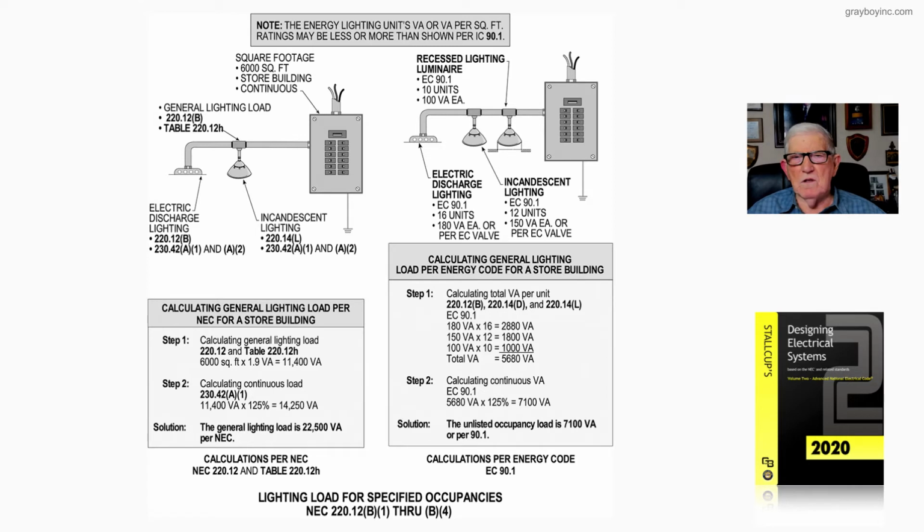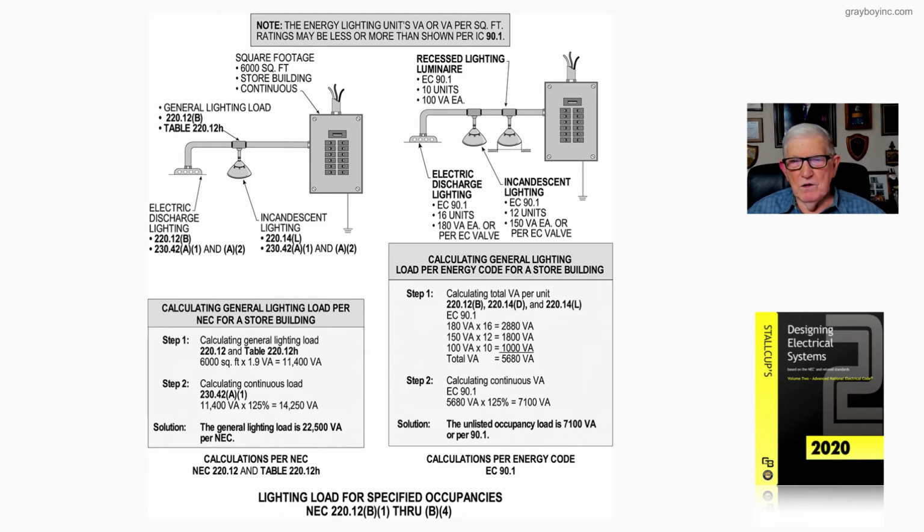Now, if you're using the energy code, then recessed lighting, use the energy code 90.1, 10 units, 100 VA each. Drop down in the energy code, 16 units, you'd have 180 VA each, and that would be your value. And in the incandescent lighting, you would have 90.1, 12 units at 150 VA each. And then notice when you do your math, you'd have 180 times 16, 2,880. 150 times 12, 1,800.